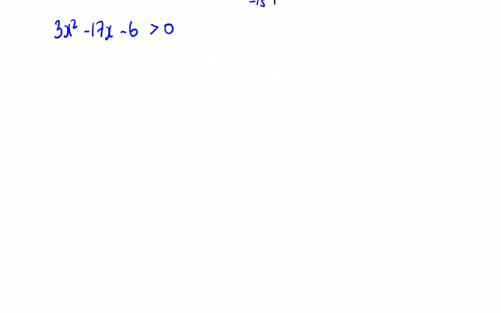So same question again. Solve and sketch the inequality. So we have to be 3x times x. To get to 18 and have a product of 6 and 1. So it's going to be minus 18x plus x greater than 0.